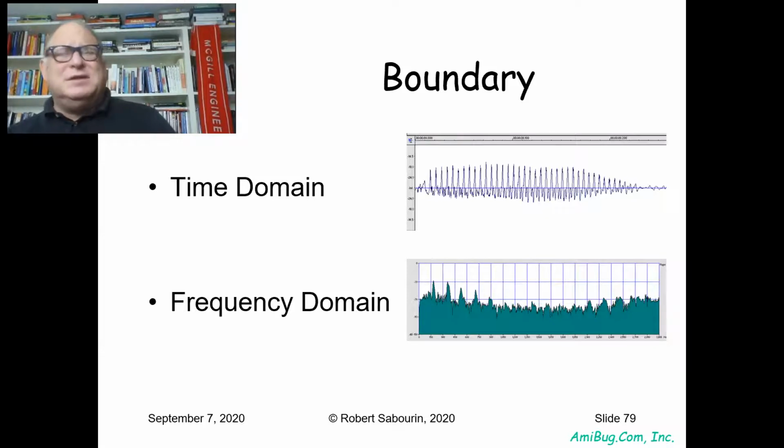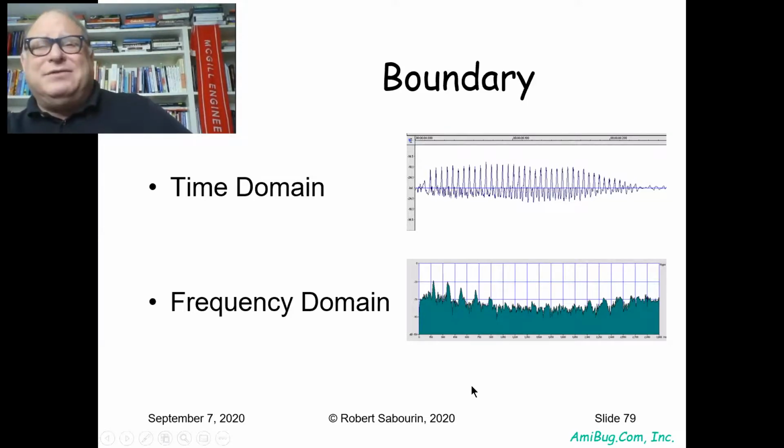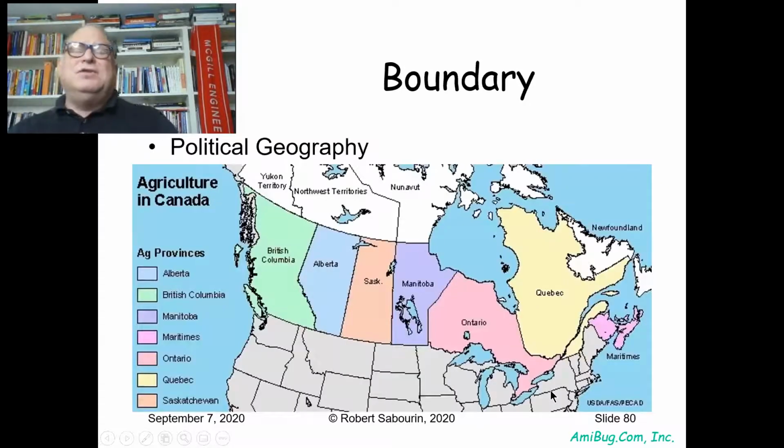I loved when I was studying electrical engineering to look at signals in the time domain, nice sinusoidal things, and then look at them in the frequency domain, and there were spikes and steps and all sorts of totally different behaviors.